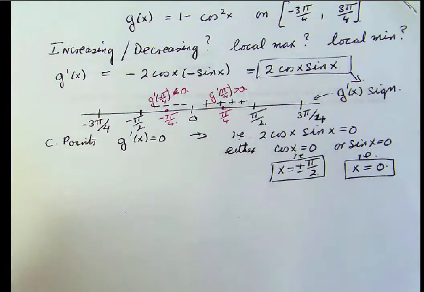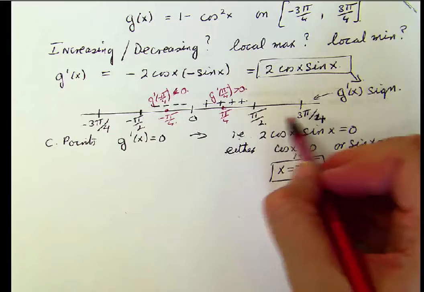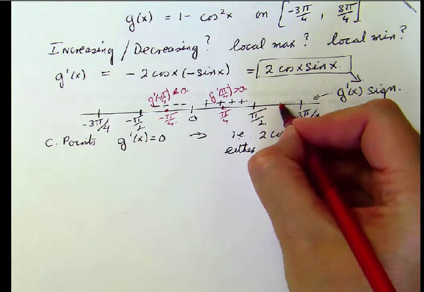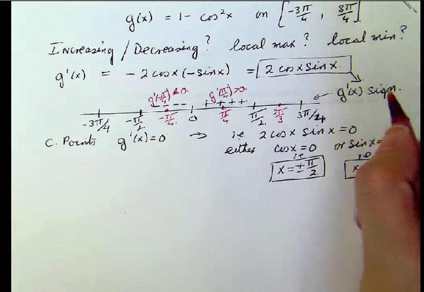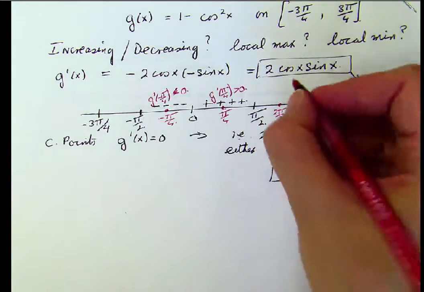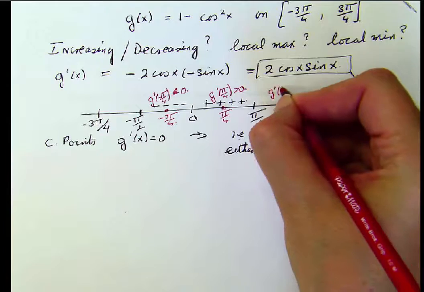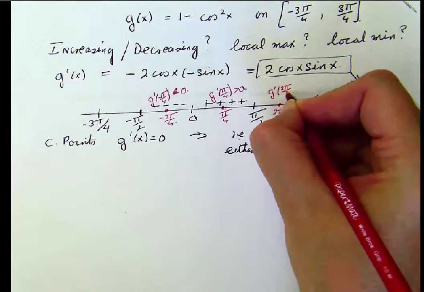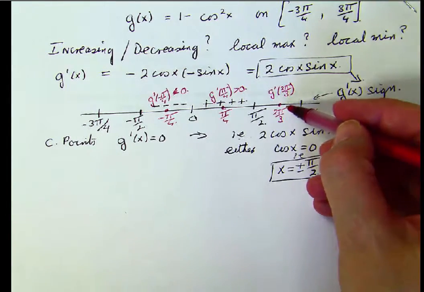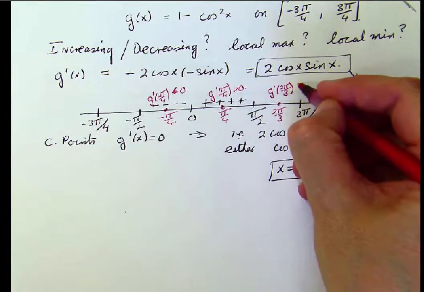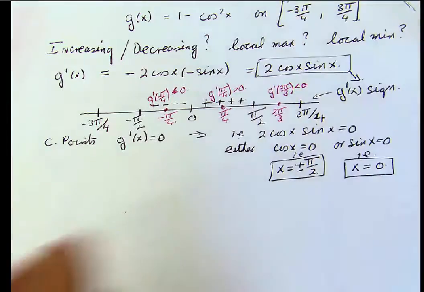And likewise, if we pick a point between pi over 2 and 3 pi over 4, let's say 2 pi over 3, we'll find that g prime of 2 pi over 3, cosine is negative here and sine is positive, so this is less than 0.